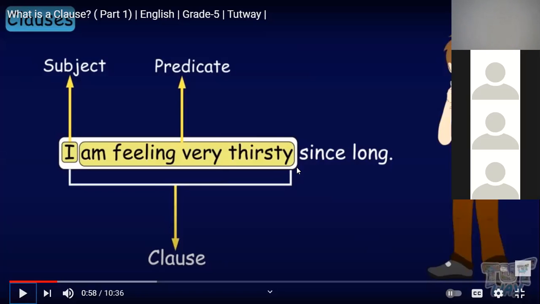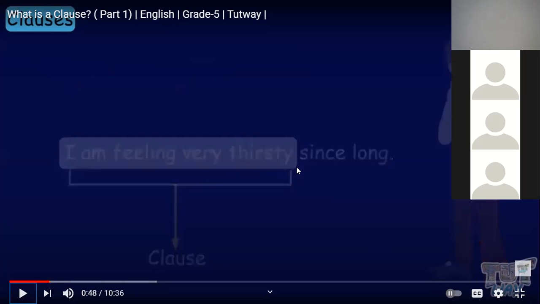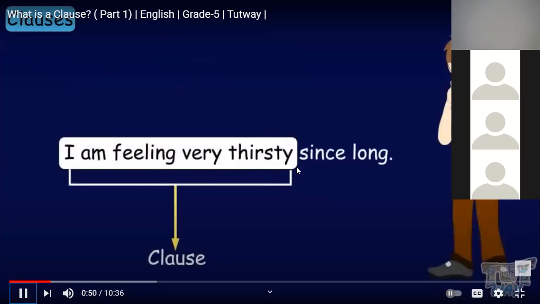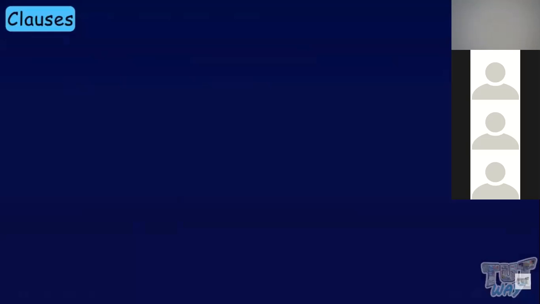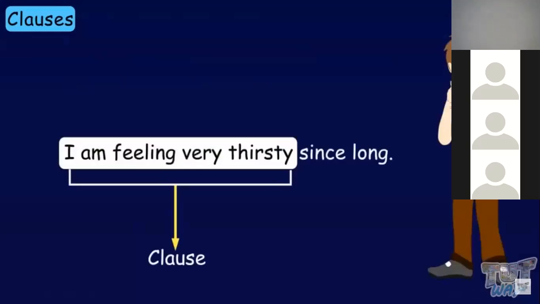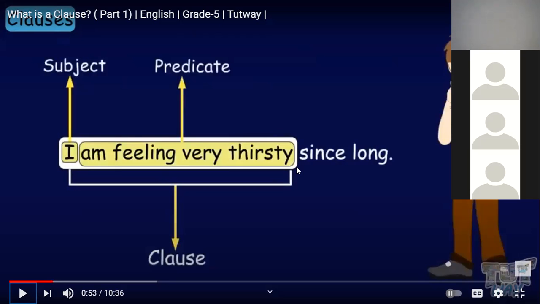So, again, one more time. A clause is a group of words that has both a subject as well as a predicate. The subject as well as the predicate in one part we call a clause.